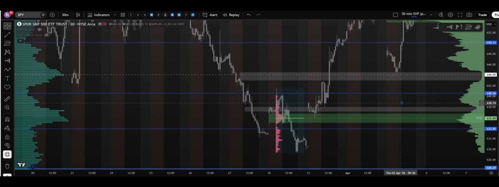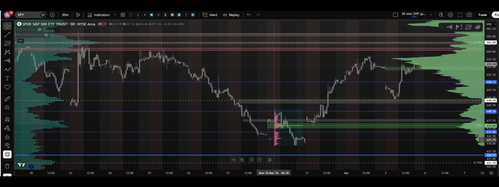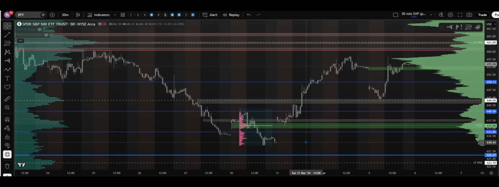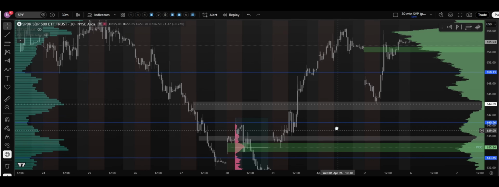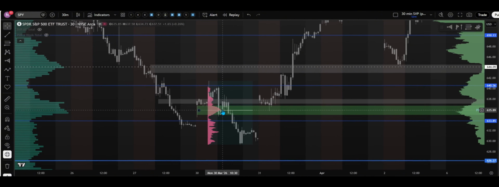Or sometimes what happens is that sellers are selling so hard, shorts are pressing really, really hard. There's such heavy short interest. And then one day, buyers open the price above the previous day and especially the previous day's point of control, right? This is the volume of just this session.